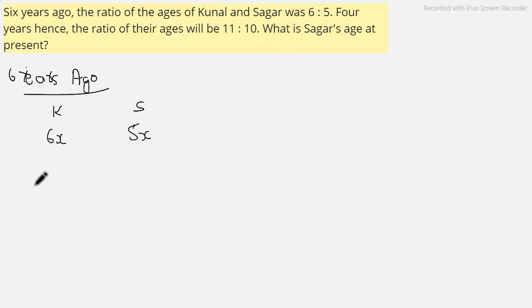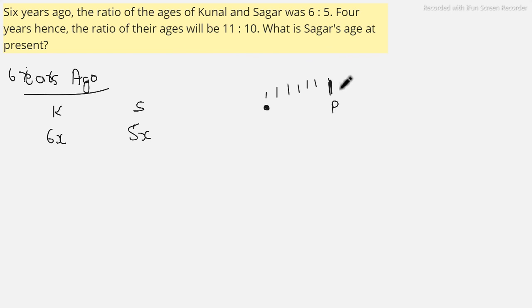So what we need to understand here is, suppose this is the present year. So 6 years ago, 1, 2, 3, 4, 5 and 6. 6 years ago, the ratio is given, and now it is asking 4 years hence. 4 years hence, the ratio is given.